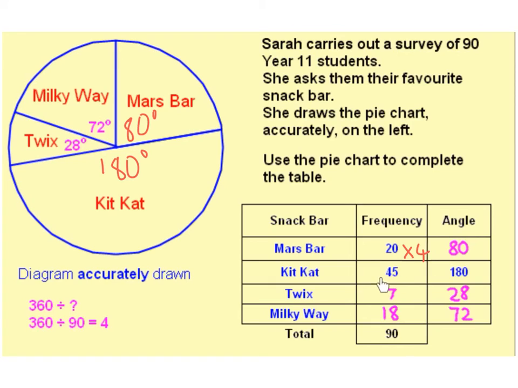So the frequency for Twix was 7. Likewise, we measure the Milky Way angle. Again, it's an acute angle, so it works out to be 72 degrees. So we write 72 in here for the angle. And 72 divided by 4 is 18. So the frequency for Milky Way was 18. If we add up our angles, we should get 360 degrees.